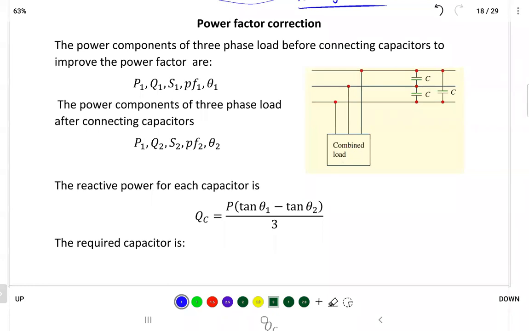Maybe you have one load, two loads, three loads, whatever, that's the combined load connected to the three-phase system. Let's say you calculate the power factor of this combined load, and you find it's a low power factor. It's not good. It's like 0.7, something like that, 0.8, and you need to bring it to 0.94 at least. So how do you do that? You connect a capacitor in parallel with the load.